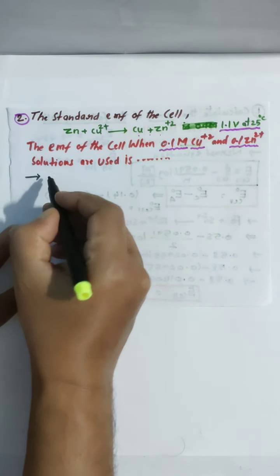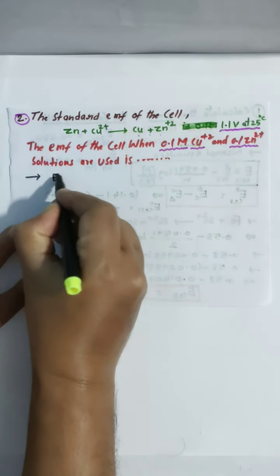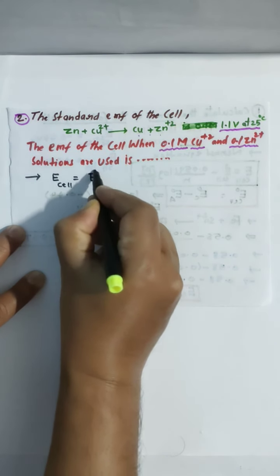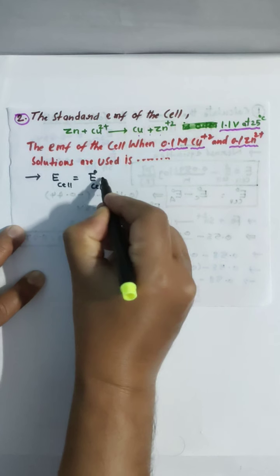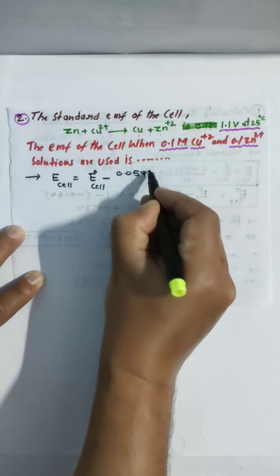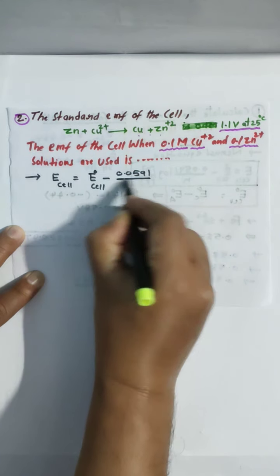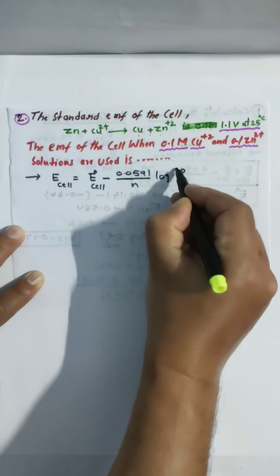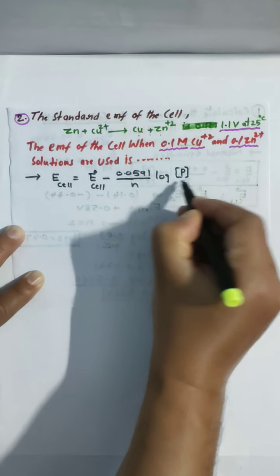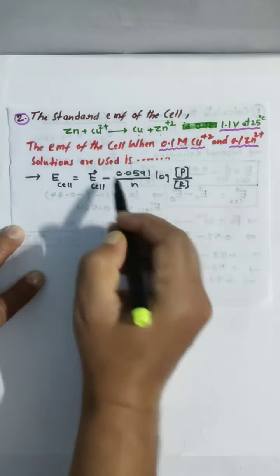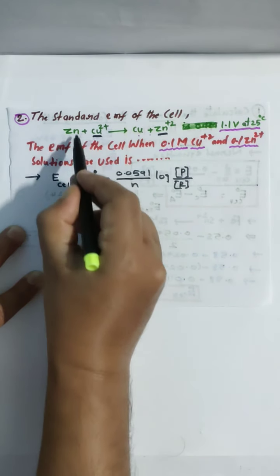You know very well: E cell equal to E naught cell minus 0.0591 upon n log of product concentration upon reactant concentration. Product means this concentration, reactant means this concentration.